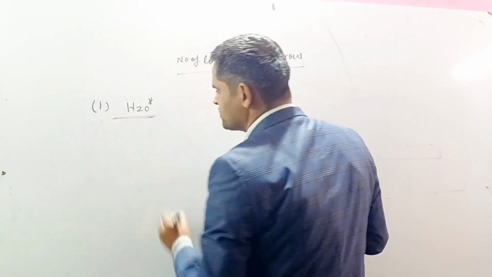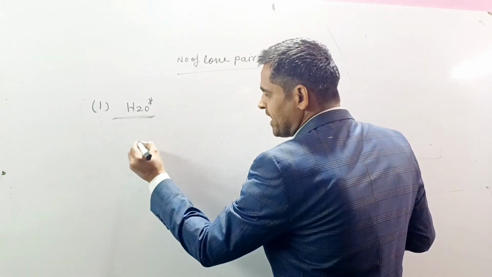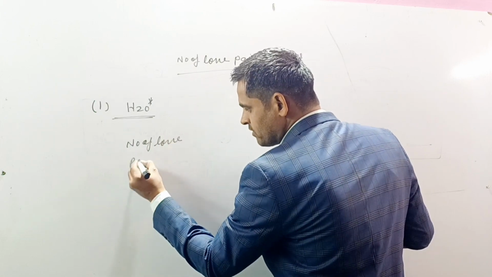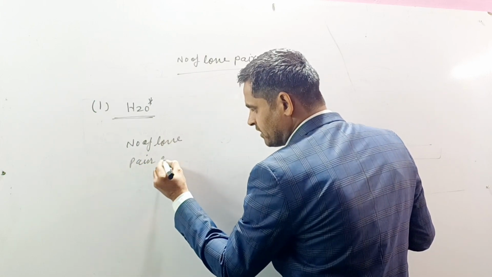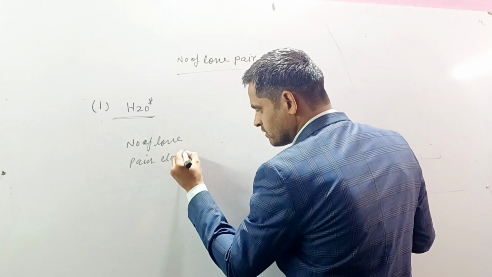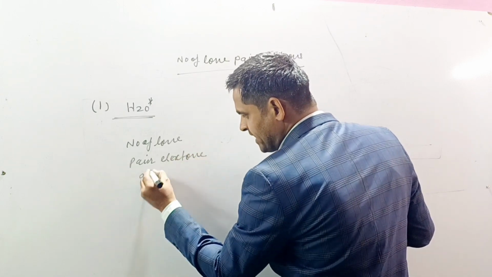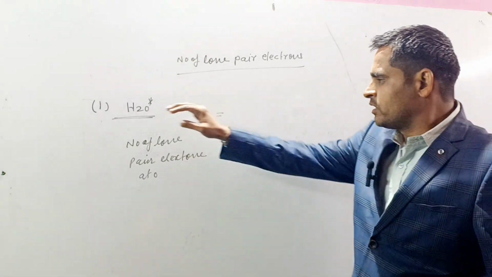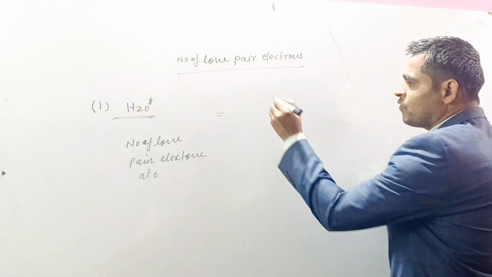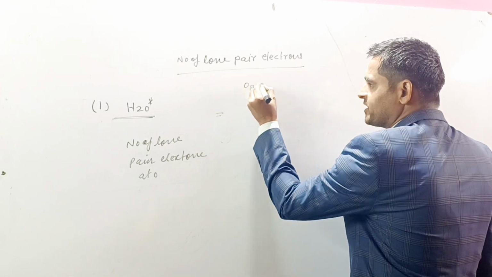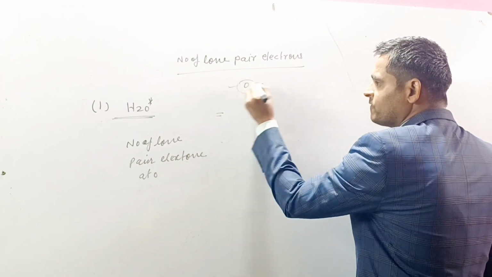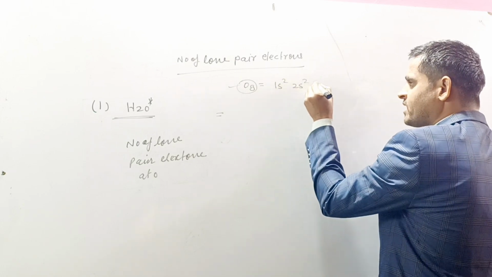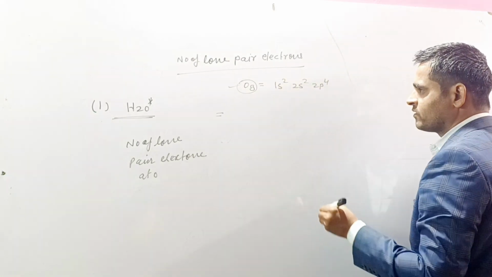So this is H2O, and we find the number of lone pair electrons at oxygen. As we know, the atomic number of oxygen is 8 and its electronic configuration is 1s2, 2s2 and 2p4.